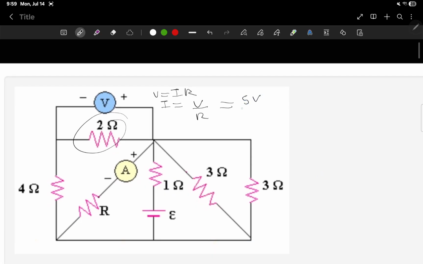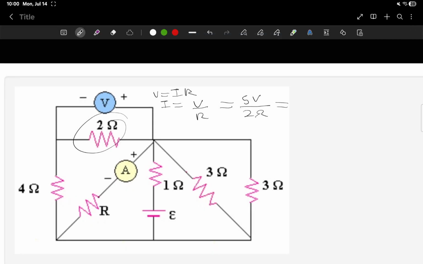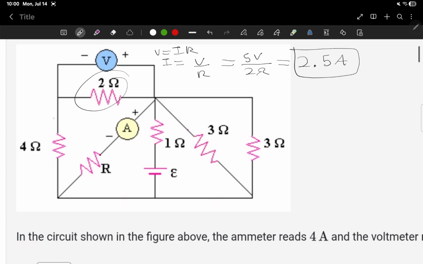So that's 5 volts over R, which is the resistance of this one, 2 ohms. So we get 5 over 2, which in decimal form is 2.5 amperes of current. So we have 2.5 amperes of current flowing here.